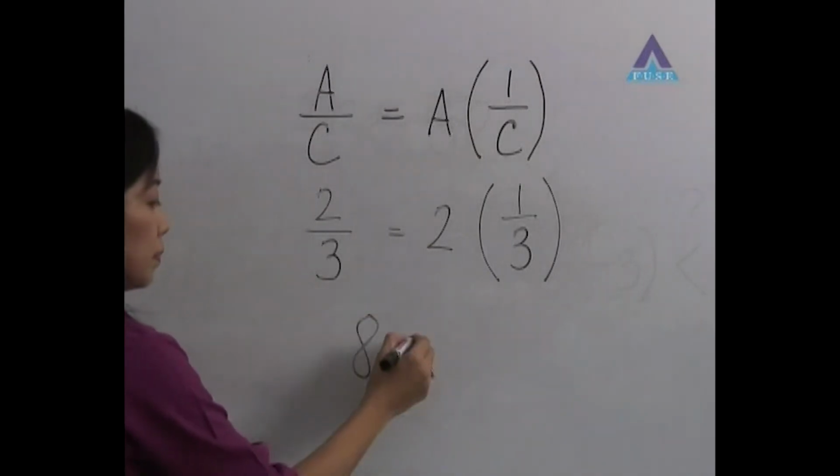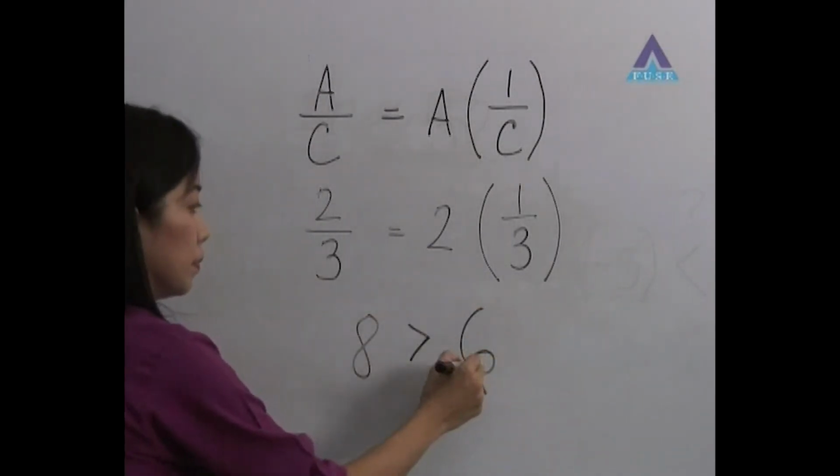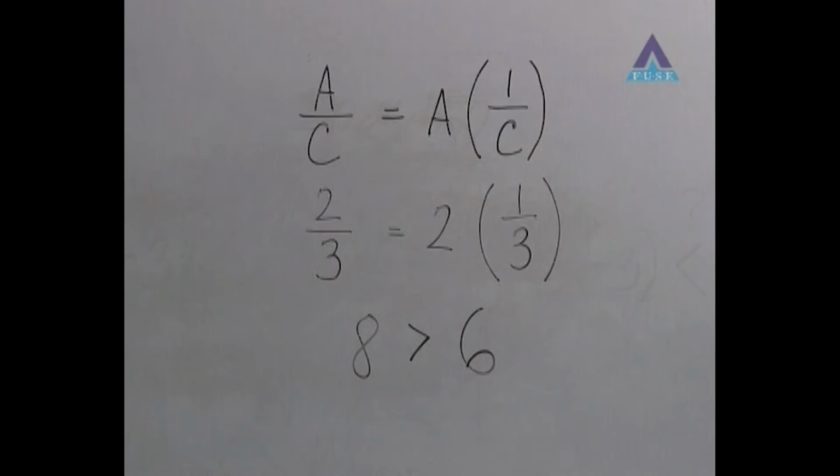However, let's verify this just the same. Let's consider 8 and 6. Note that 8 is greater than 6. Now divide both sides by 2 and then by -2 and see what happens. I'll do +2. And I'll do -2.